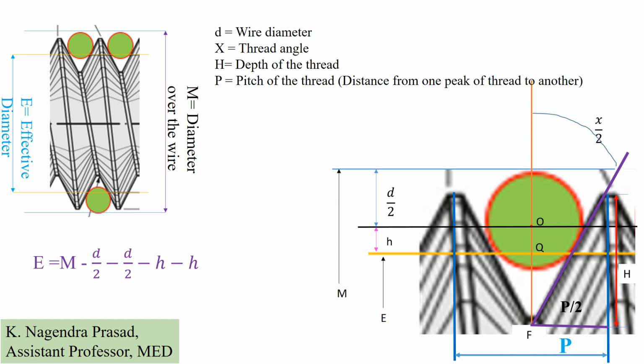Moreover, h is the distance between the effective diameter and the center of the wire: one h for the top side, another h for the bottom side. So to get the E value, we have to determine the h value, that is OQ, from the diagram.